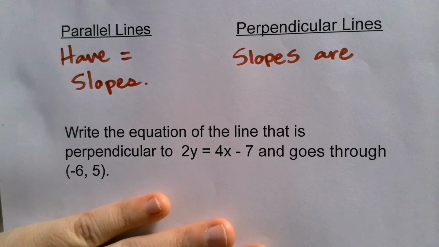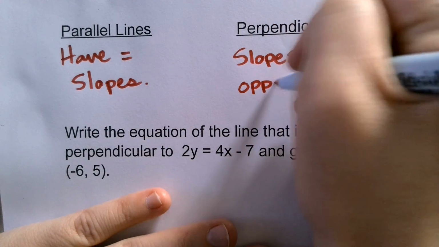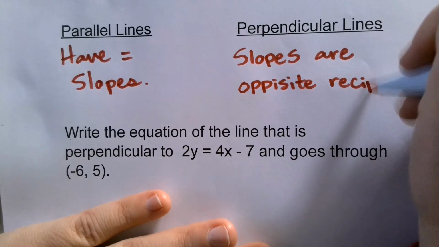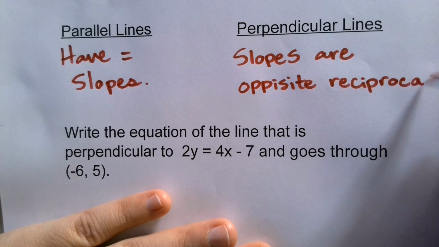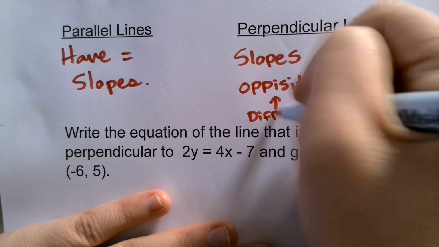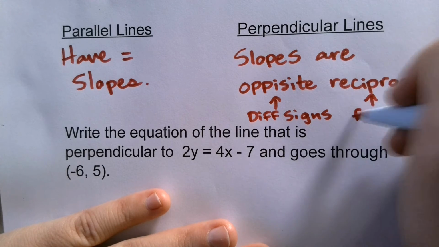They've got to be opposite signs. Very good. So usually we just say slopes are opposite reciprocals. But this just means different signs, that opposite part. So different signs, and then by reciprocal we're saying flipped.